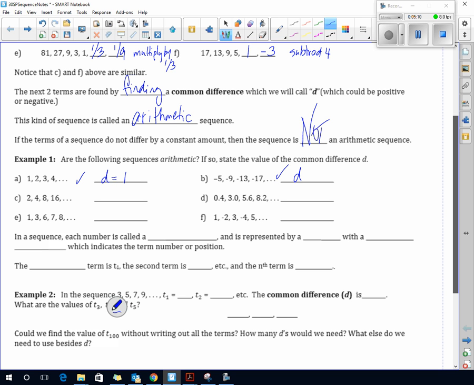Okay, is C? No, this is not arithmetic. Does anybody remember what that would be called? Geometric. Geometric. Okay, how about this one? Yes. What's the common difference? Yeah, 2.6. You're adding 2.6 each time. Okay.